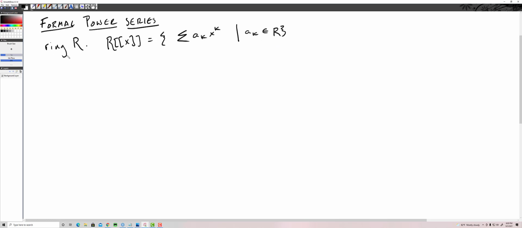So the first thing is a very unofficial definition of formal power series. You start with a ring R, and you can get funky with this if you like.